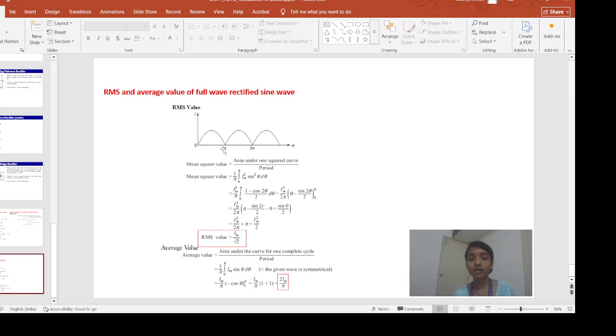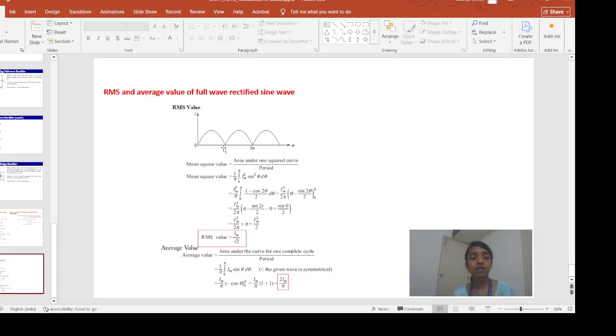So this 2 pi is my capital T, the complete time period, and this pi is my capital T by 2, half of the time period. After T by 2 it is repeating the waveform. That is why for the full wave rectifier we consider the time period as pi instead of 2 pi. The rest of the things will remain the same.